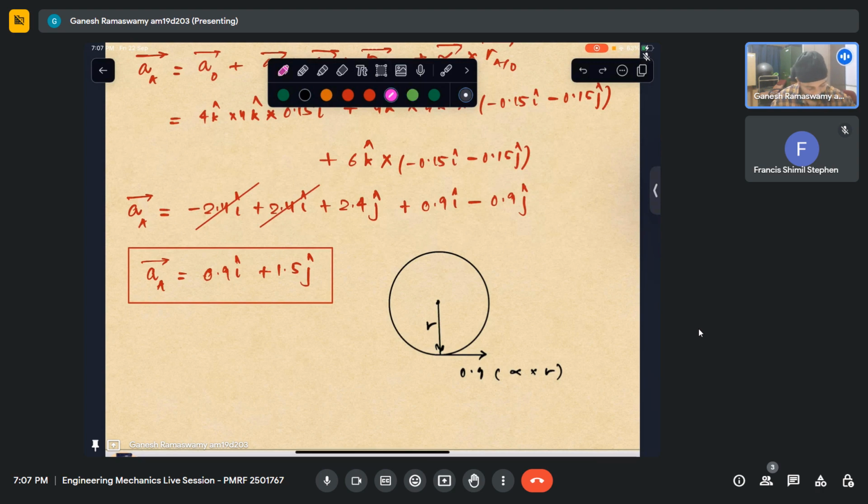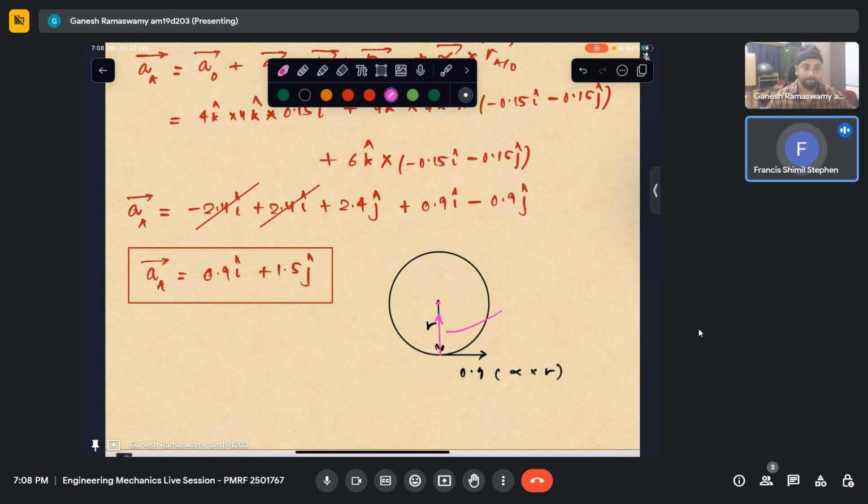Let me use the pink color just to highlight it. This would have been what? Omega squared R. Omega is 4. 4 squared into 0.15. So this would have been 2.4. But this point has acceleration. You must note that. So that is why it will have some give and take. So if you go by vector analysis, you will not have any issues as such.